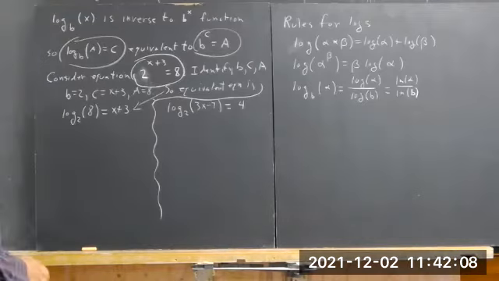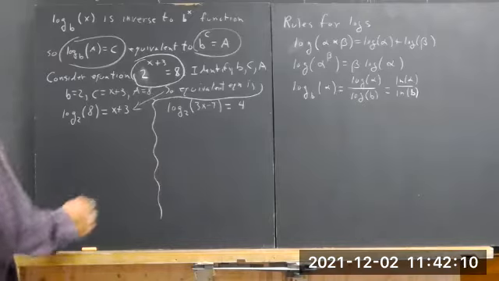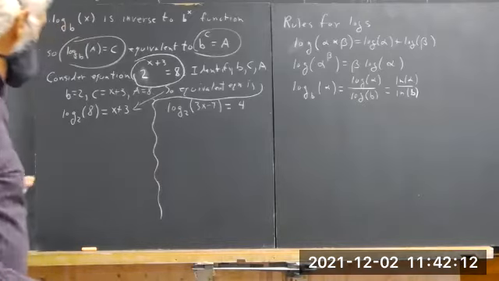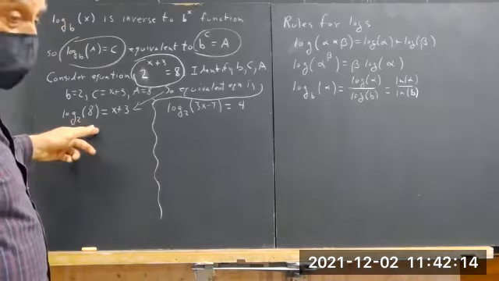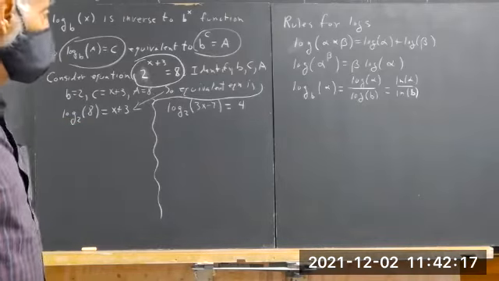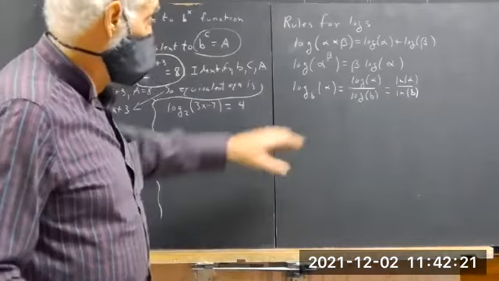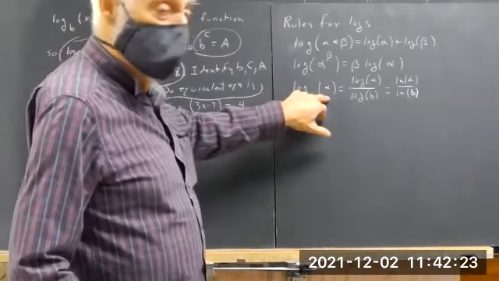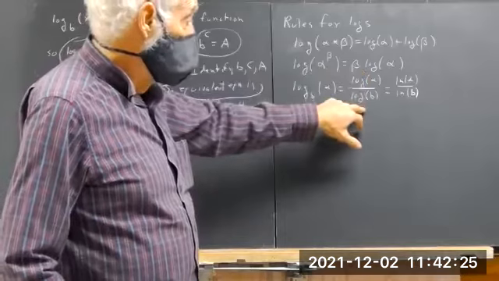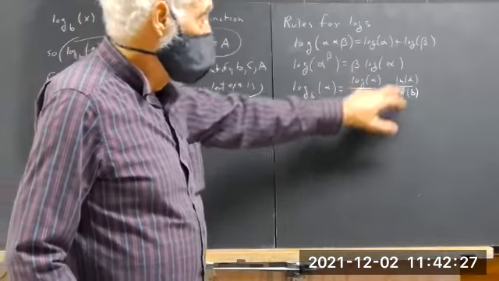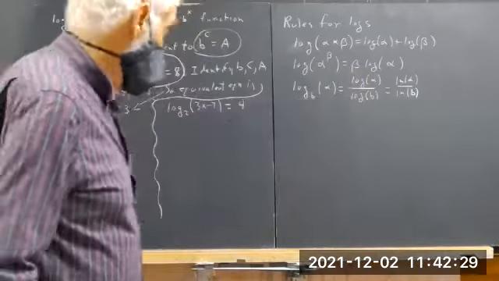Well, having done this, what do we do next? Well, we need to use one of the rules of logarithms, which I've written down here. The rule you need in this case is this one: log base b of alpha is log of alpha over log of b, or natural log of alpha over natural log of b.